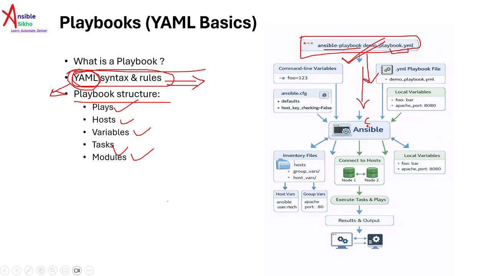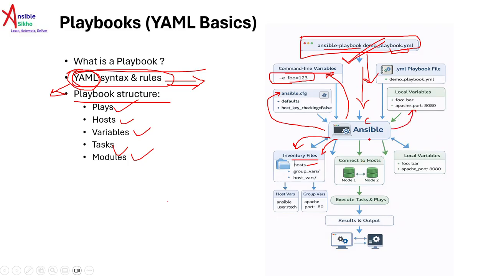This Ansible controller will check whether it has ansible.cfg in place, whether the given command has any command line variable, -e, something extra variables in it or not, whether the inventory file is in place and hosts are there, and what the structure of the inventory file is. It starts checking everything. Is there any local variable available?